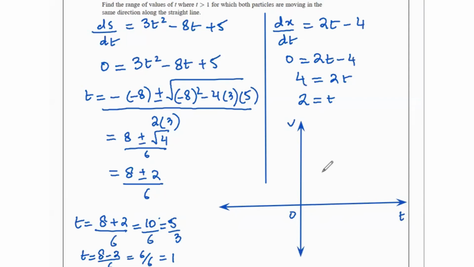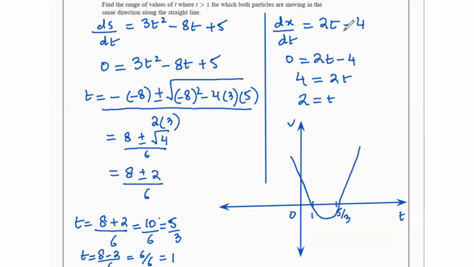So 5 over 3 is basically equal to 1.67. So if this is 1, this is 5 over 3. So this is your velocity time graph for particle P.